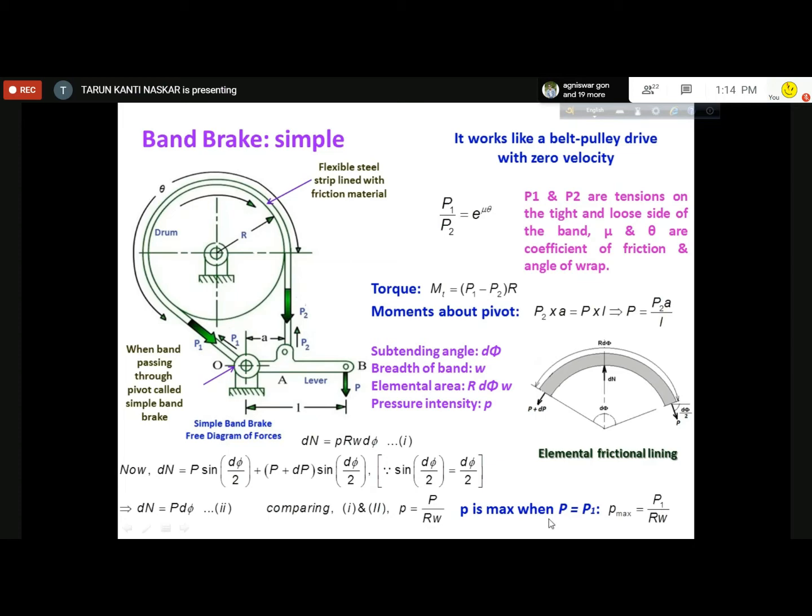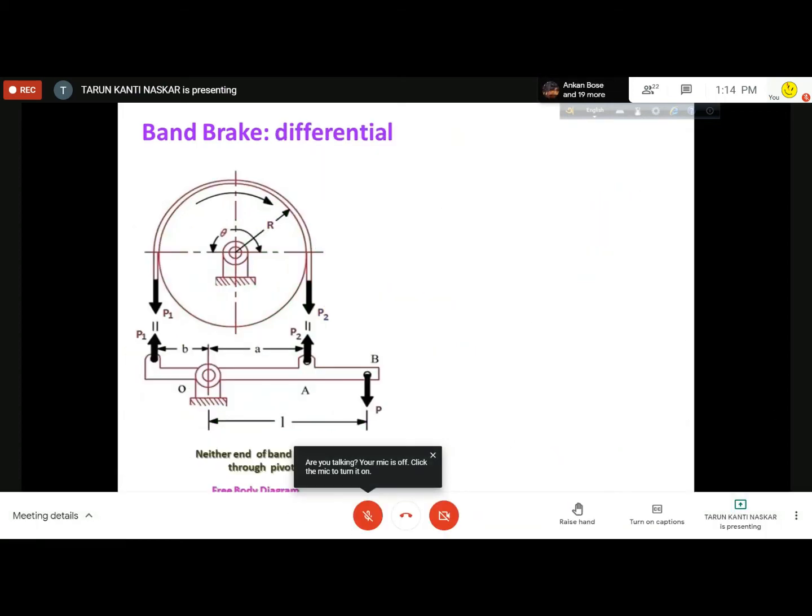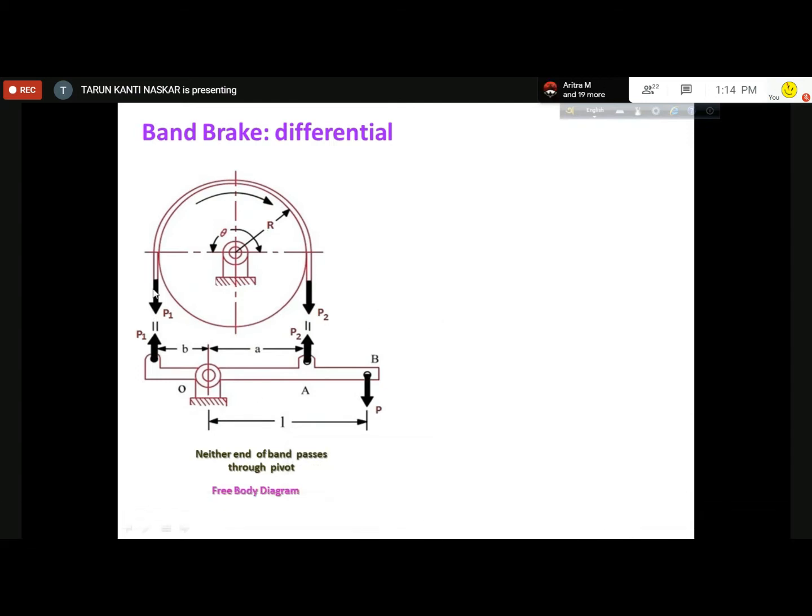And this slide was discussed in the last class. Now the differential band brake. In the earlier case, P1 was passing through this point. Now they are not passing. So this is P1, this is P2, and theta is 180 degrees.